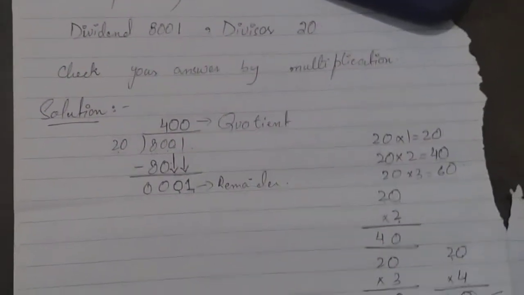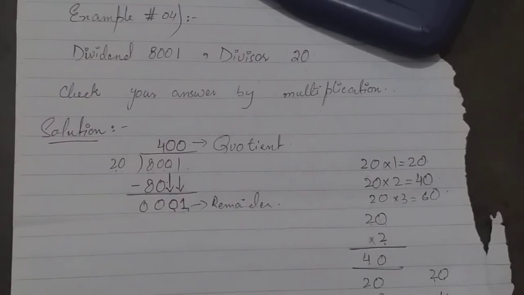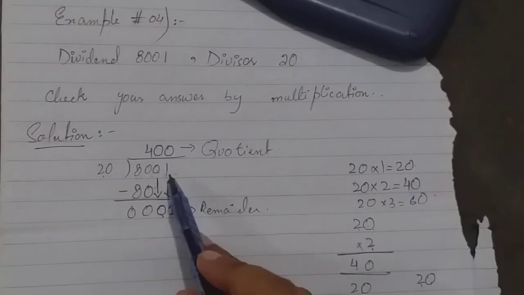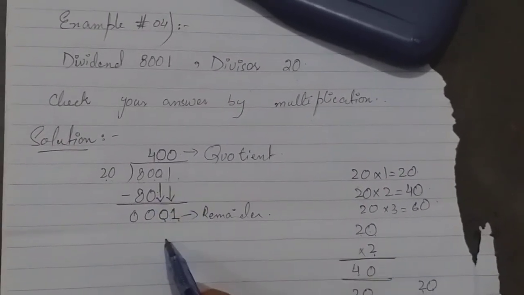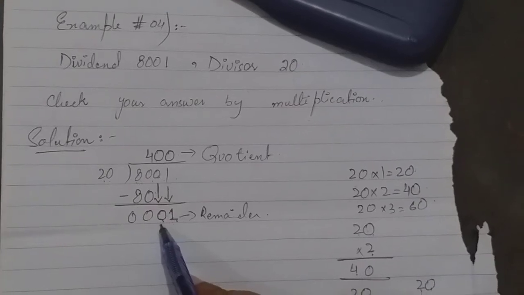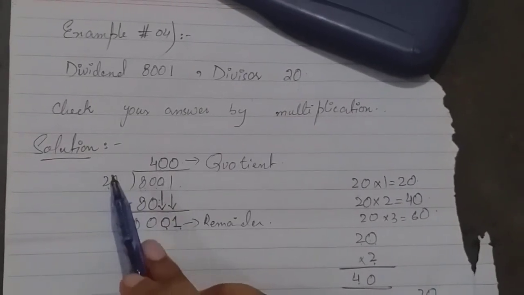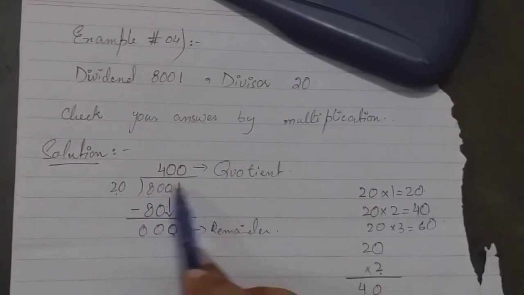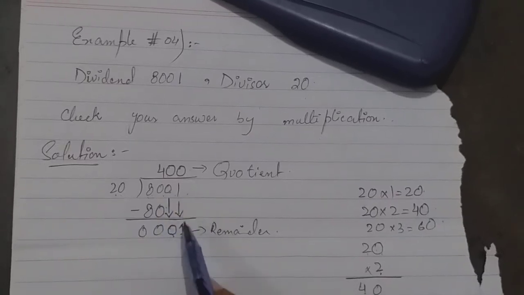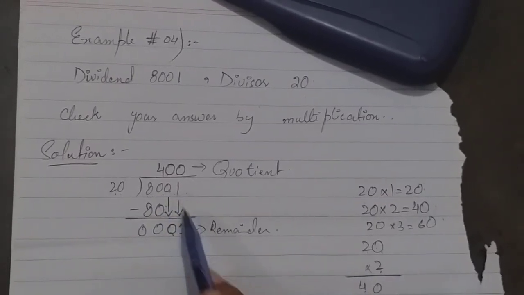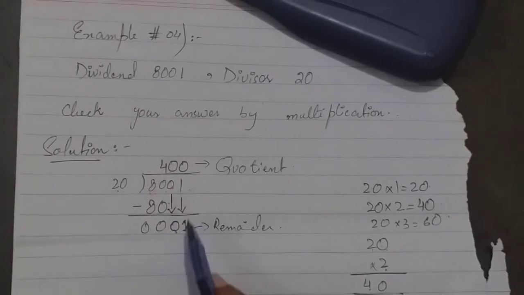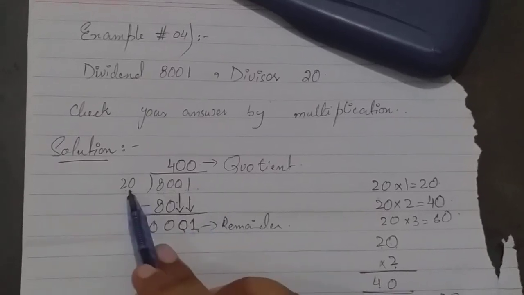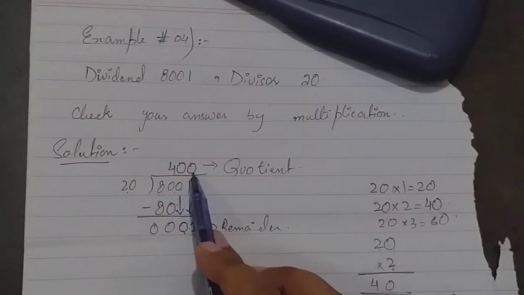Students, just remember one thing in all these examples, that is, whenever you bring down a number, that is, whenever you copy any number down, and that number is less than your divisor, in this situation you put 0 in the quotient. Okay? And after putting 0, what do we do? We bring down the next digit again, we copy the next digit down. And after bringing down the next digit, still if you have a number that is less than your divisor, you will again put the 0 in the quotient.